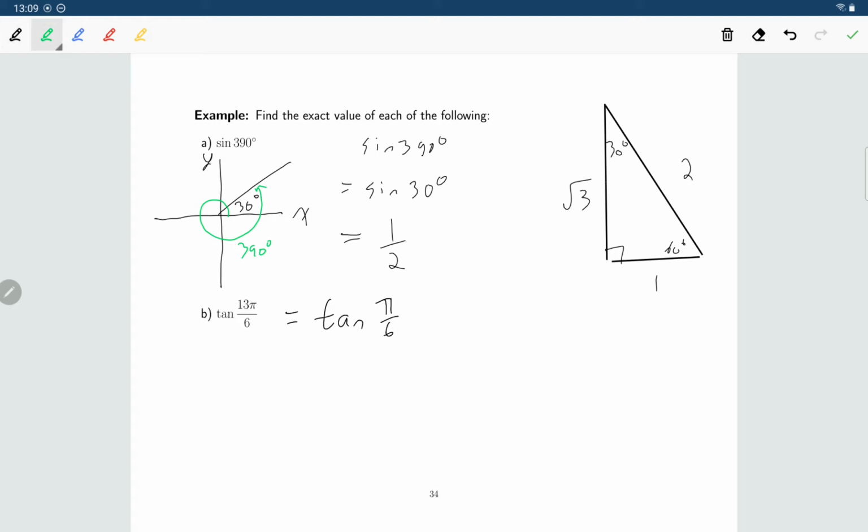And for 30 degrees, we know tangent is opposite over adjacent. So tangent of 30 degrees, tangent of pi over 6, should be 1 over root 3, which in simplest terms is root 3 over 3.